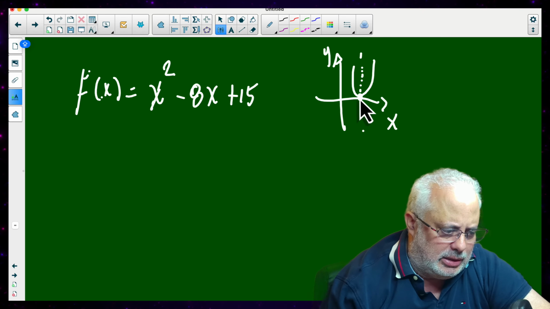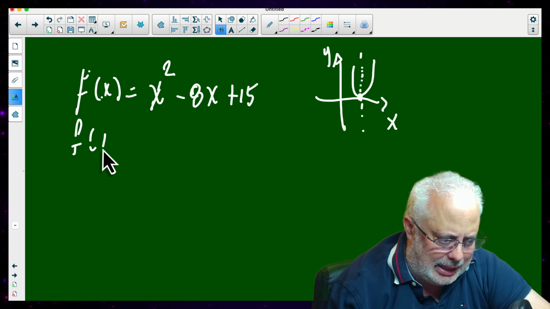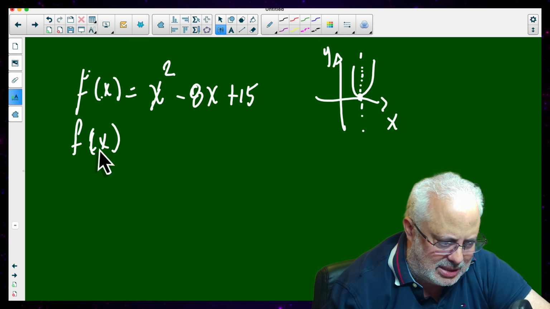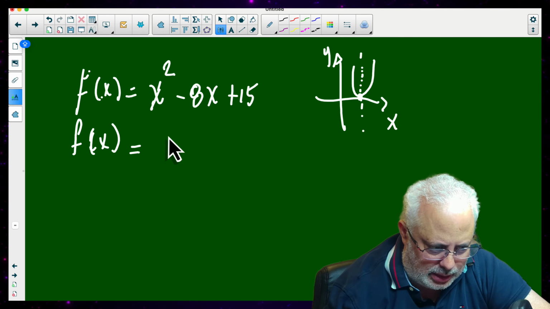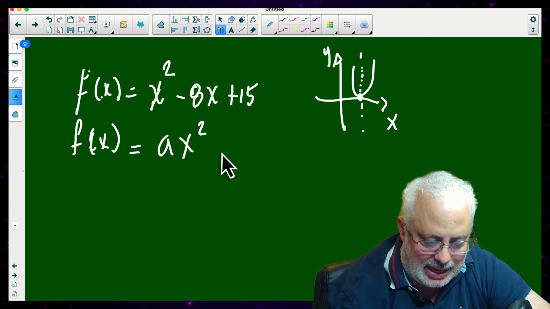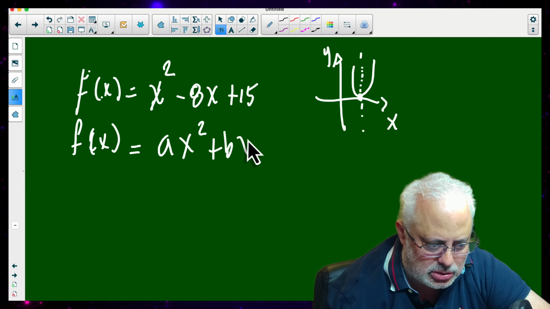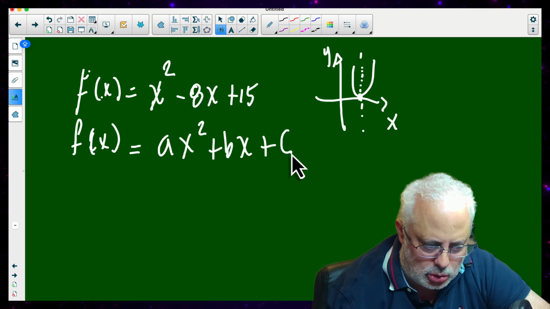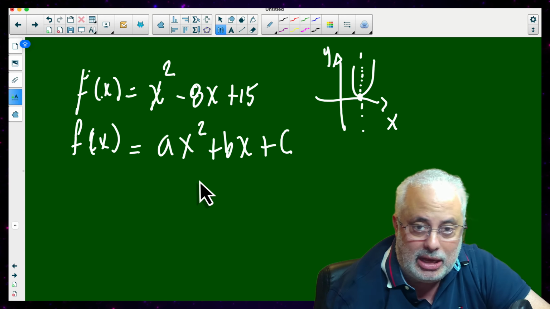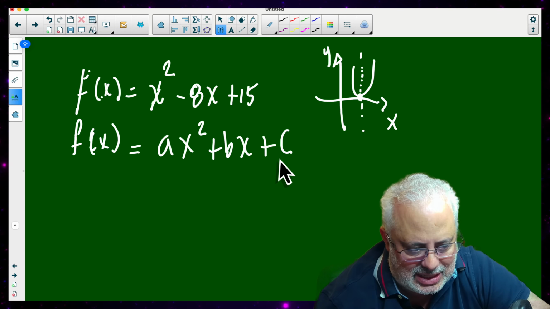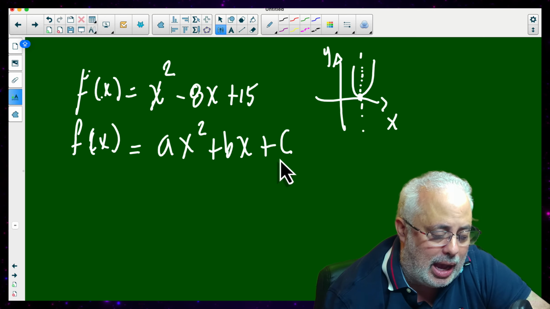Number one, it's important to understand that in a quadratic function, the standard form can be written as ax squared plus bx plus c. So a, b, and c. A and b are the coefficients of the x's, and c is the constant. Why am I saying this?